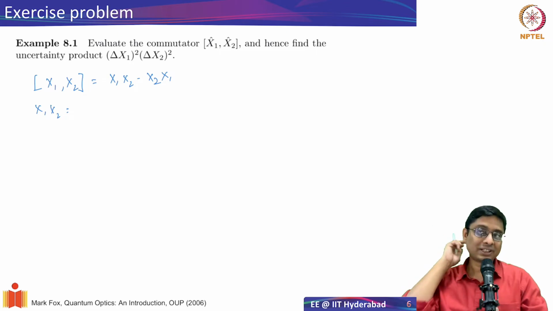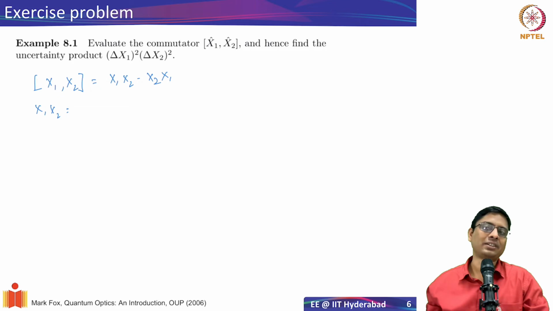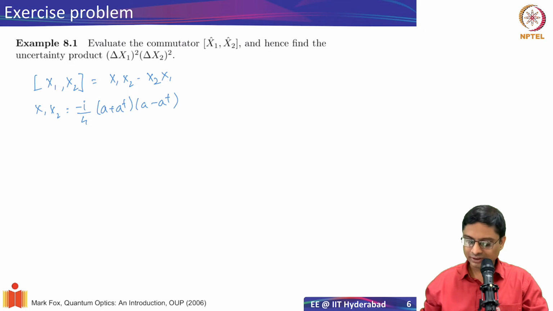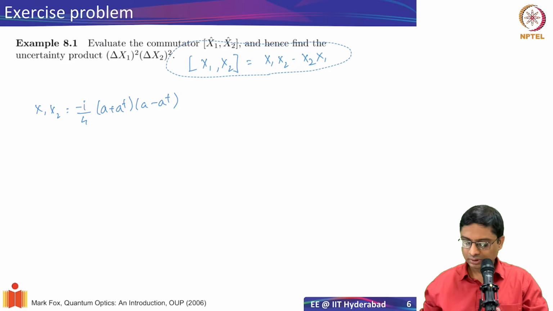x1 was half (a plus a dagger), x2 was minus i by 2 (a minus a dagger), so minus i by 4 (a plus a dagger) into (a minus a dagger). I want to conserve space, so I'll move this on the top. This is what I need to evaluate.